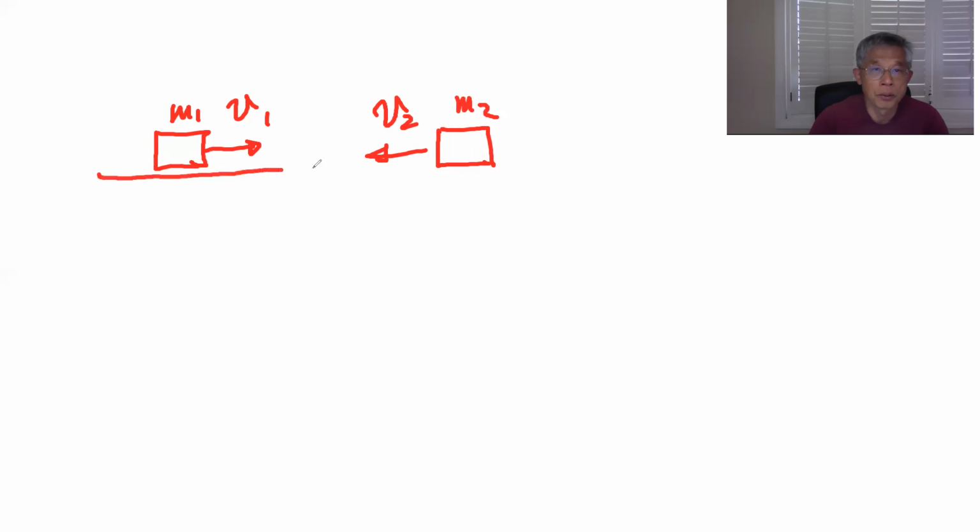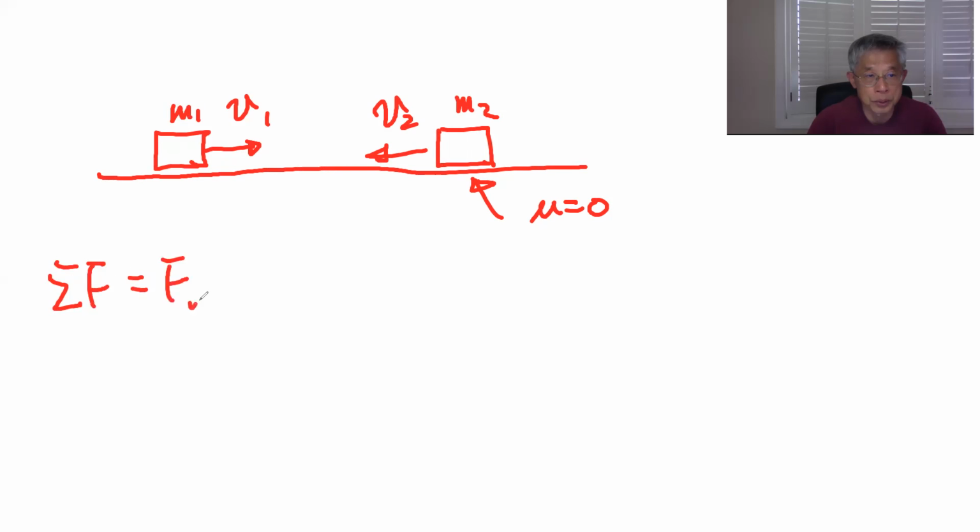And they are on a surface, and the mu is equal to 0. So right now, you do have mg and normal force, but they cancel out. So right now, the summation of the forces, the net force, is equal to 0 because your mu is equal to 0.